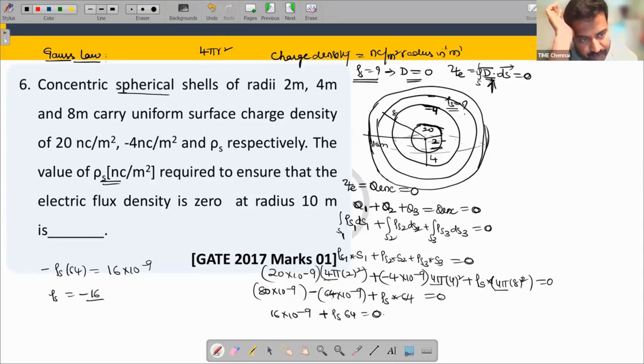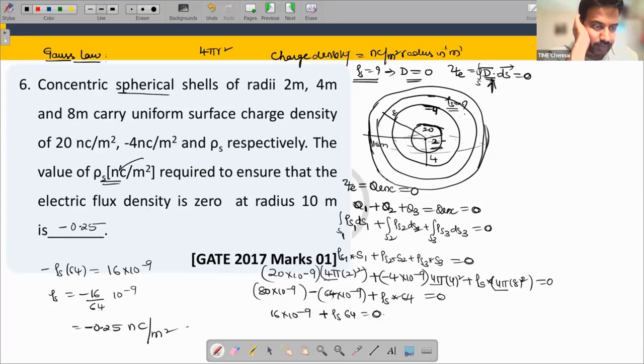Rho s is minus 16 by 64 into 10 power minus 9, minus 0.25 nanocoulomb per meter square. So the answer is minus 0.25 nanocoulomb per meter square.